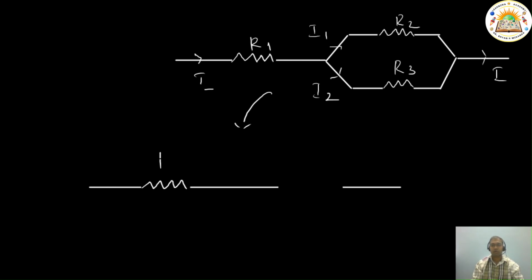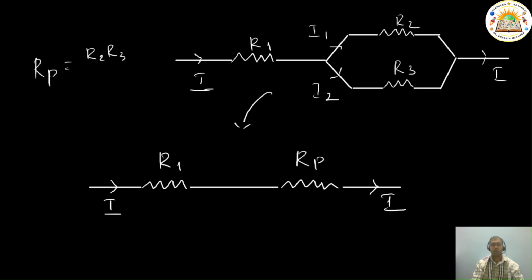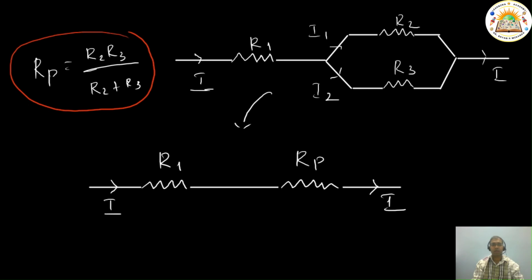So this was R1 as it is. This is current I that is passing. Now this is our Rp. So I have current that is coming. That means what have I done? I have written Rp as R2 R3 by R2 plus R3. This is this combination here.